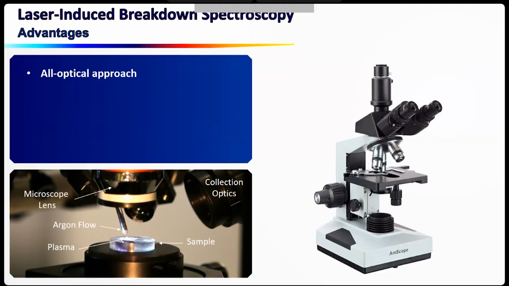Why? Because when you are in the air, you need some energy to break the bonds of oxygen and nitrogen. While in argon, this energy goes directly to your target. So we also always have better signal in argon compared to air. But it's still in ambient atmosphere.